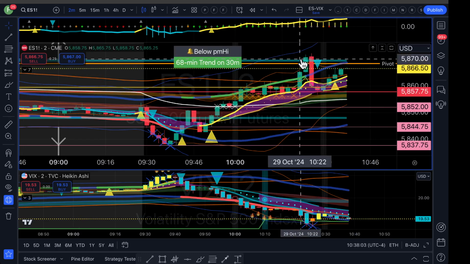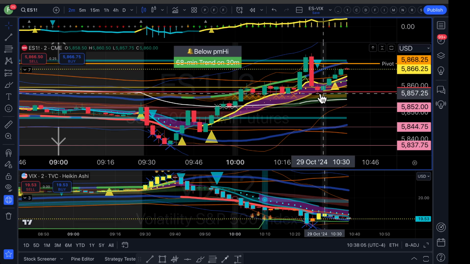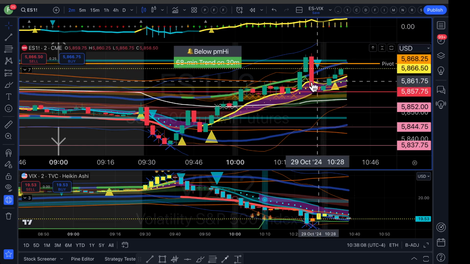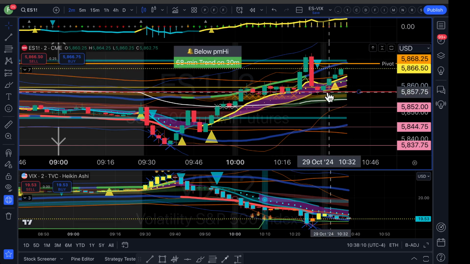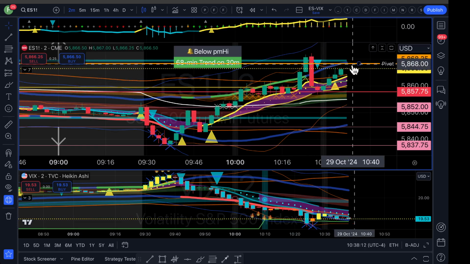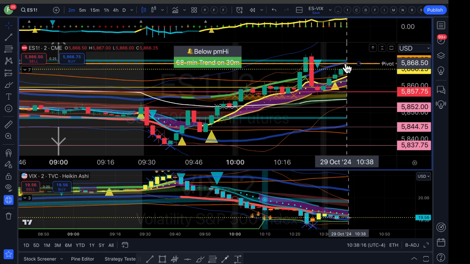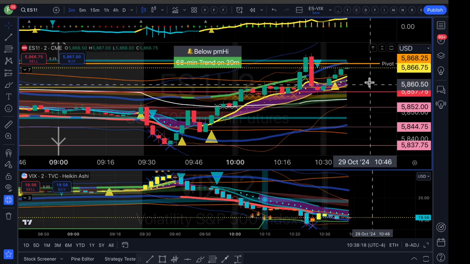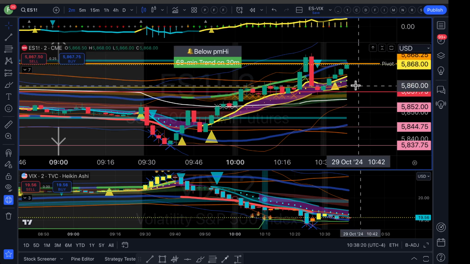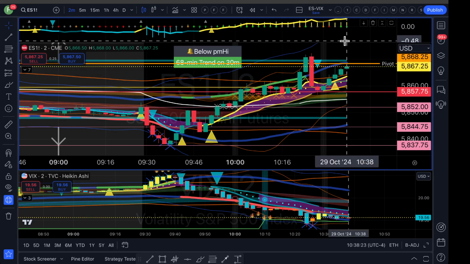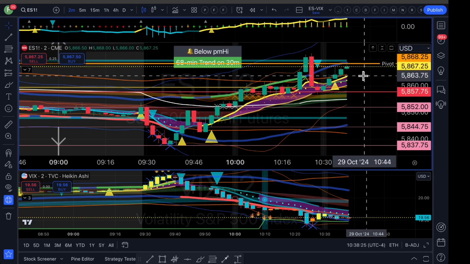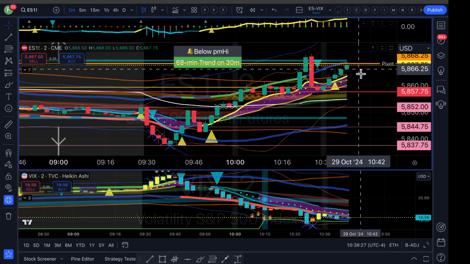If I have this dump here and I come back up, I get rid of the weak hands. Now, if I get back here, it should be easy for the bulls to make progress to the upside, because the weak hands are out. If they don't, then that's very bearish. So we have to make progress here.